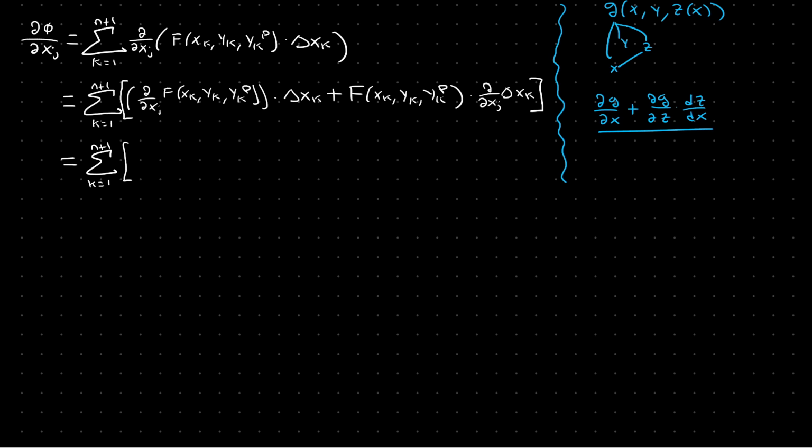This derivative is going to be fx, where the subscript stands for the partial derivative of capital F, at xk, yk, ykp, that's this x derivative right here, plus the derivative of f with respect to its third component, which is y prime, at xk, yk, ykp, times the derivative of ykp with respect to xj, and all of this is times delta xk.